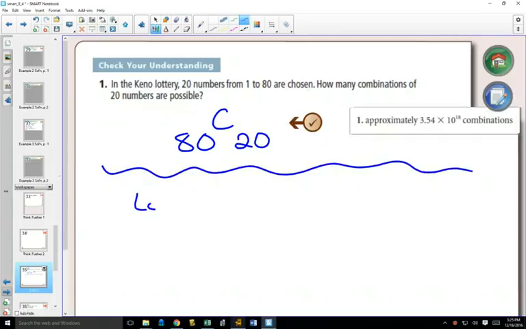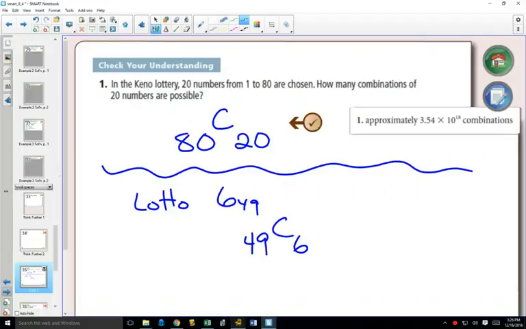But since nobody knows what Keno is, people have heard of Lotto 6/49, because they often advertise a $35 million prize or something exciting like that. How does Lotto 6/49 work? You pick 6 numbers out of 49. So how many possibilities are there? 49 choose 6.